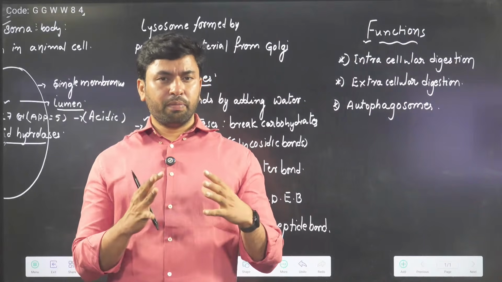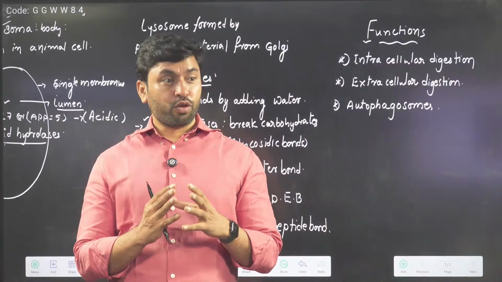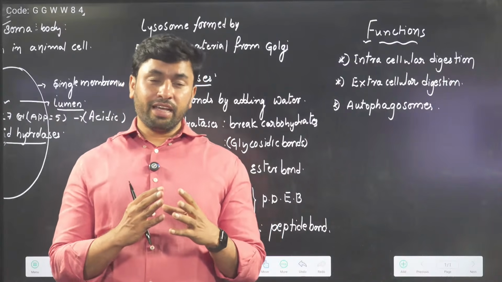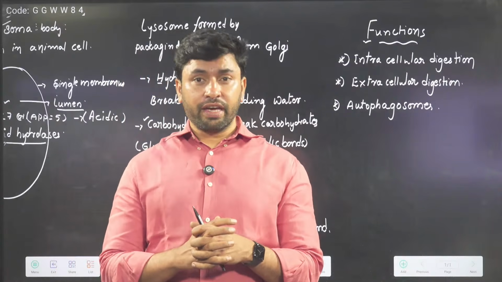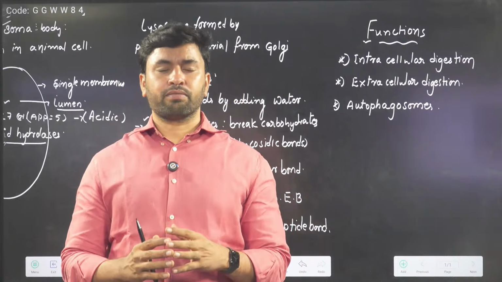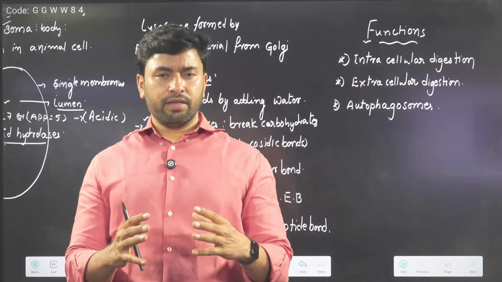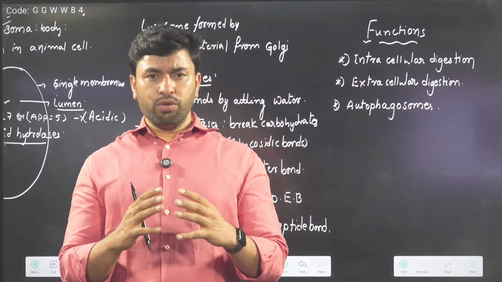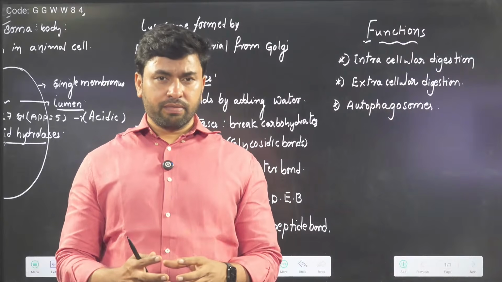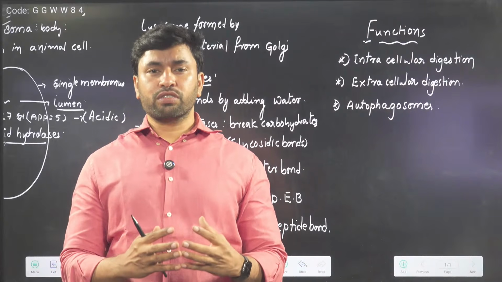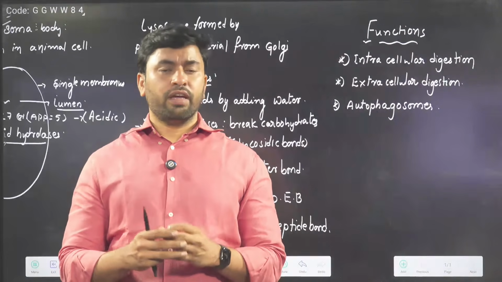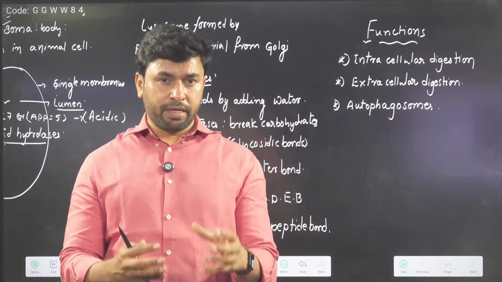In 2024, a Japanese scientist got the Nobel Prize by analyzing this autophagy in cancerous cells. Finally, he concluded, if we want to control growth of cancerous cells, we have to make them starve, which means energy supply should be interrupted.